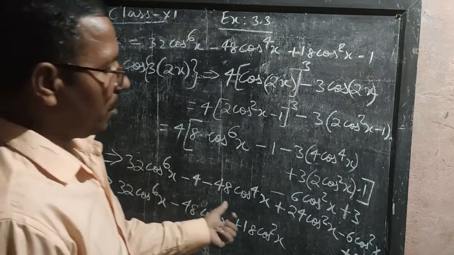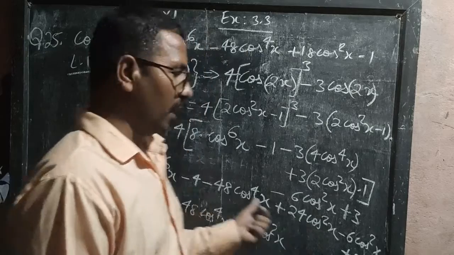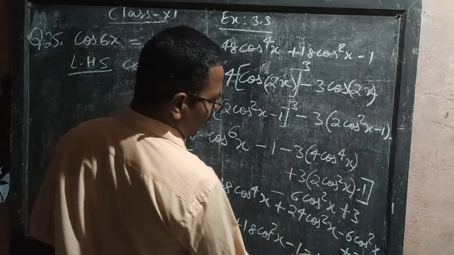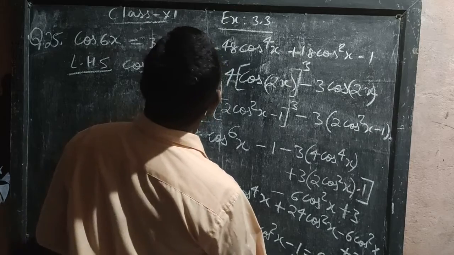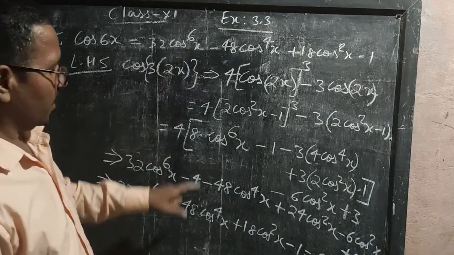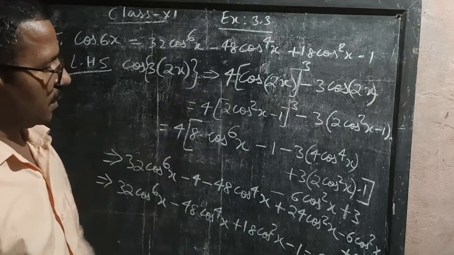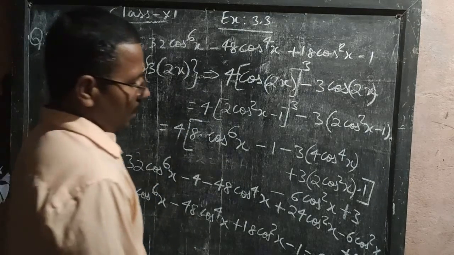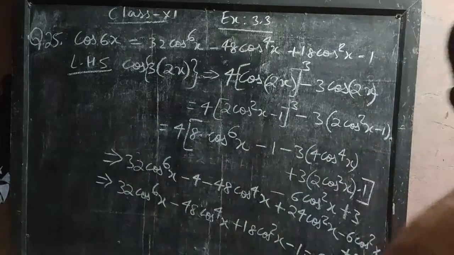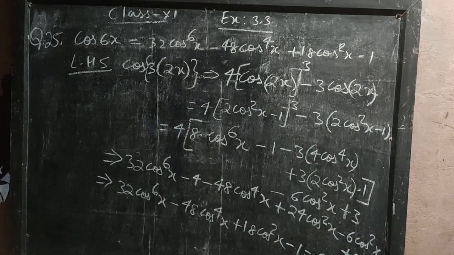And minus 4 and plus 3 are also like terms, so solving it we get minus 1. So it is equal to the RHS: 32 cos to the power 6x minus 48 cos to the power 4x plus 18 cos square x minus 1. Hence proved. A very simple question and a very simple exercise this one was. In the next video you will get the next exercise questions.